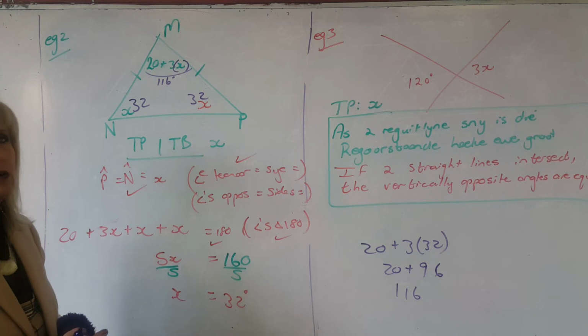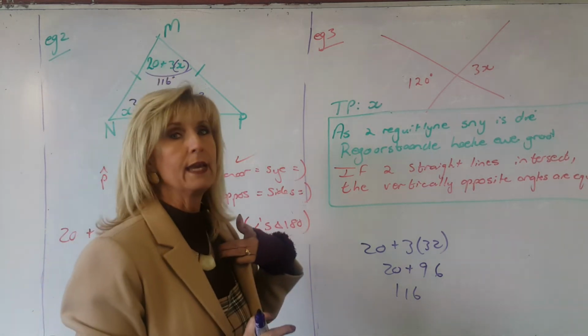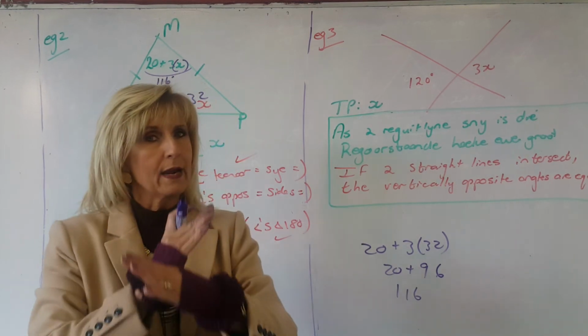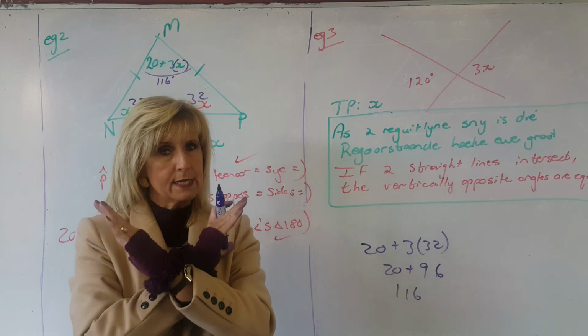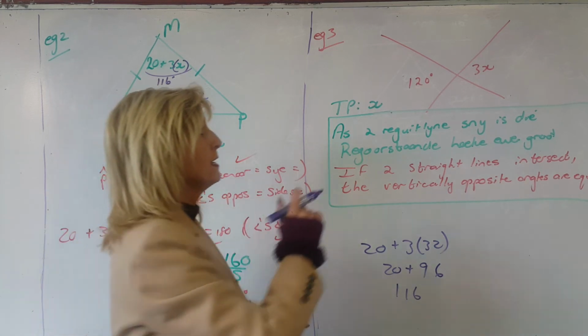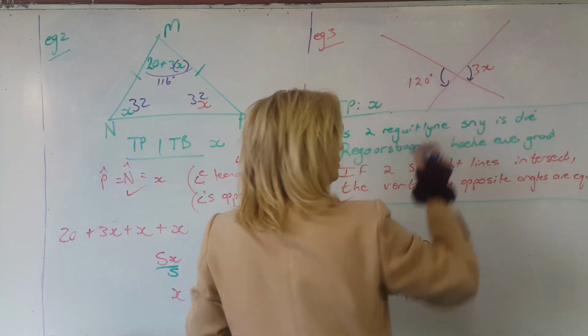En dan wil ek vir jou 'n laaste nuwe ding hier vandag byleer. And the new thing that you've got to learn today is, as ek twee reguit lyne mekaar laat sny, two straight lines intersect each other, then these angles vertically opposite to each other will be equal to each other.